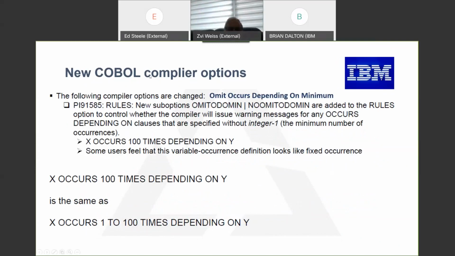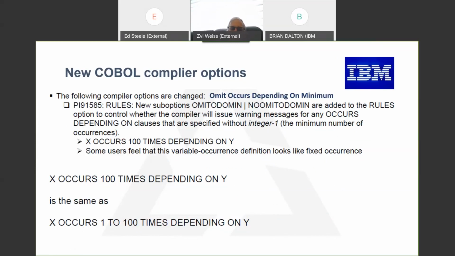Okay, and here's another new compiler option. The omit occurs depending on minimum. People wanted to see this actually because they felt that it was easier to read and less confusing.